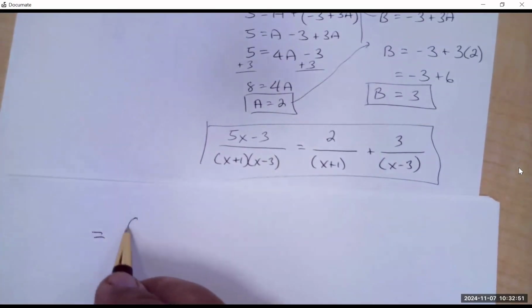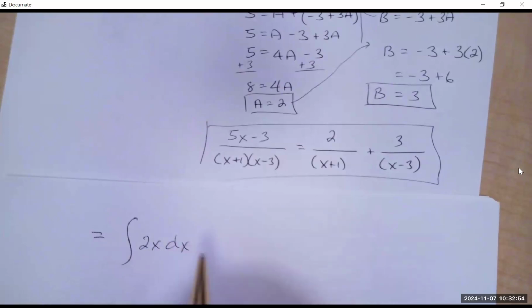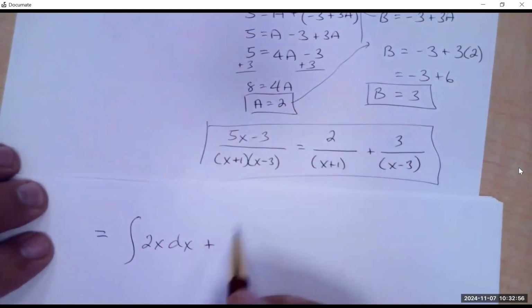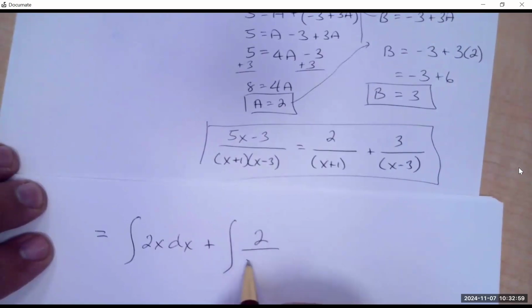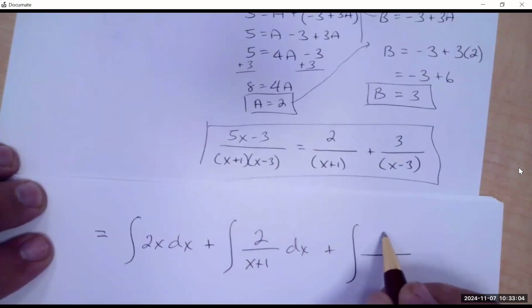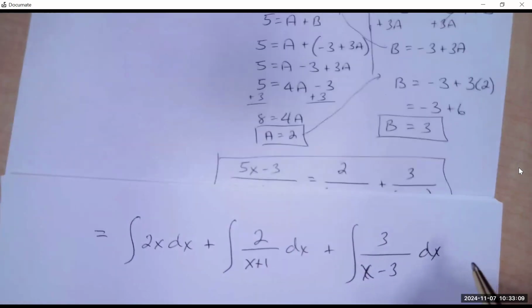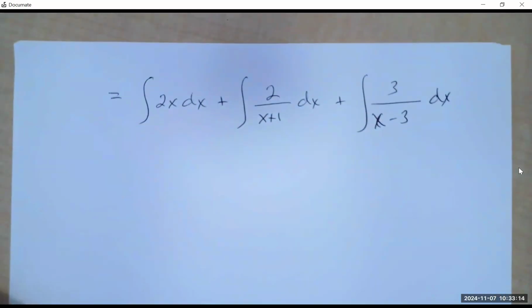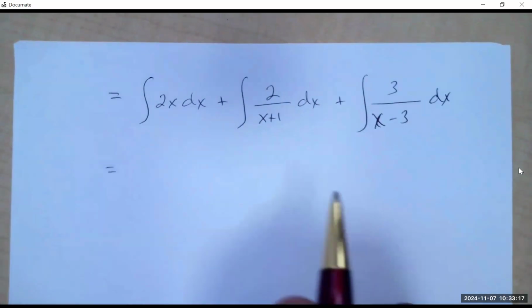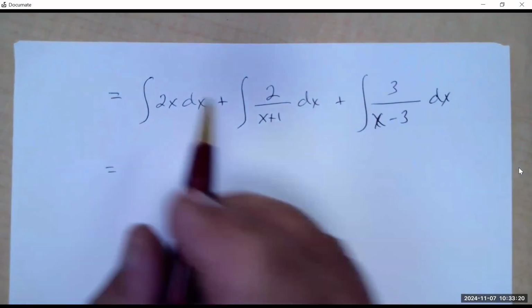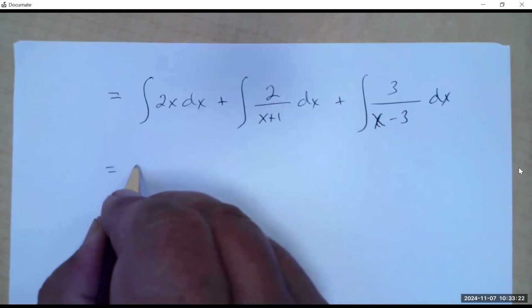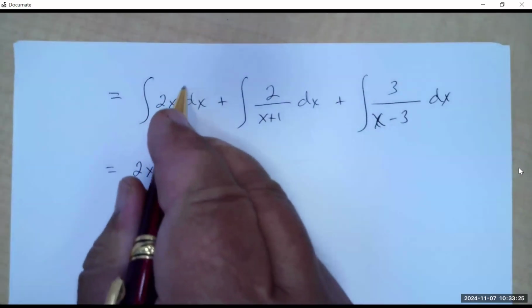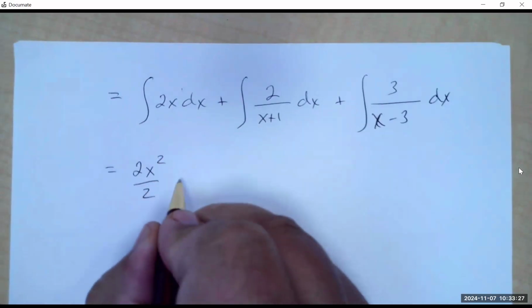So what we have here is the integral of 2x dx plus the integral of 2 over x plus 1 dx plus the integral of 3 over x minus 3 dx. What does this one become? The first one: 2, add 1 to the top and divide by 2.